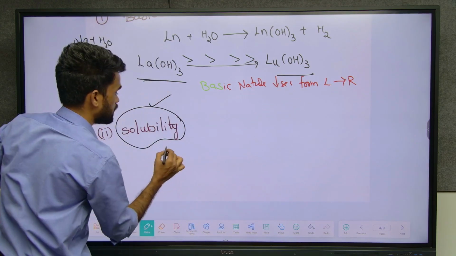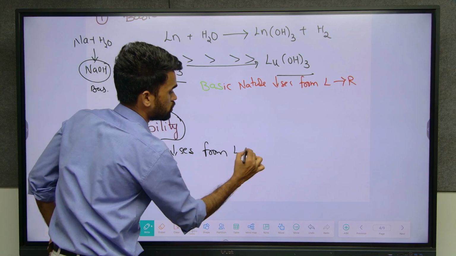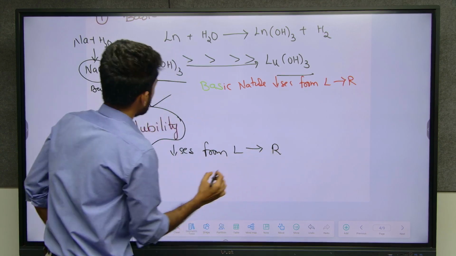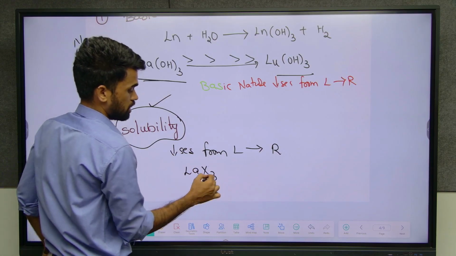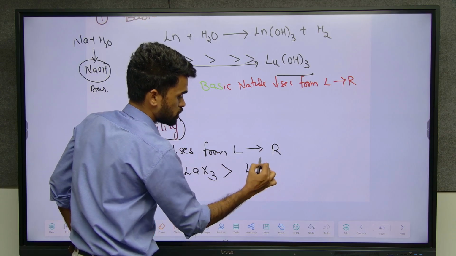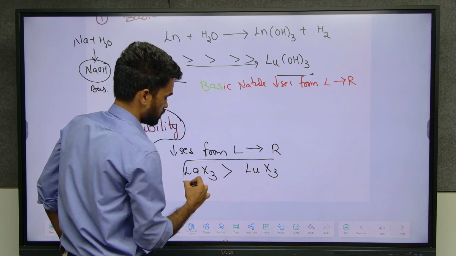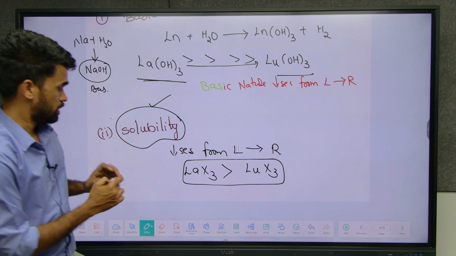So solubility decreases from left to right. Is this clear? Lanthanum halides or salts will be more soluble than lutetium halides. Is this clear, everyone? Solubility and basic nature, right, perfect. Next.